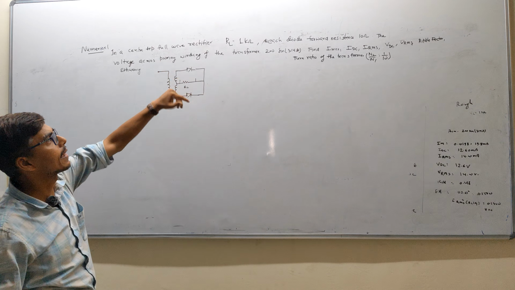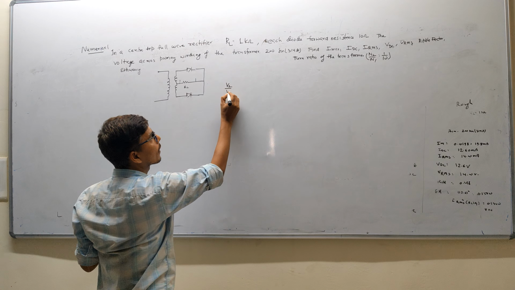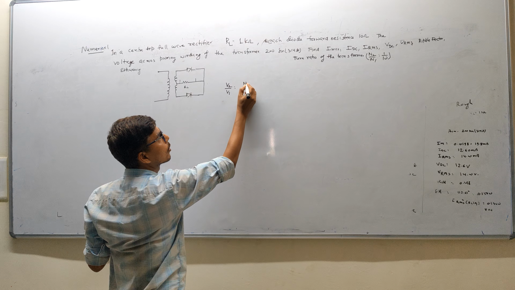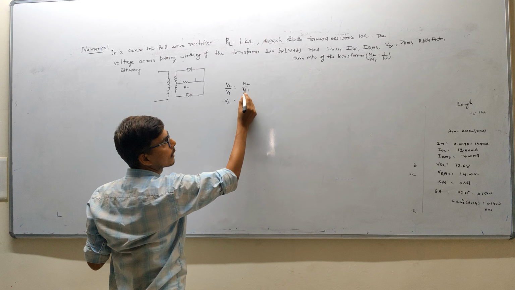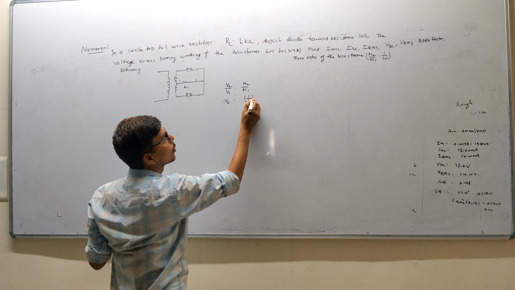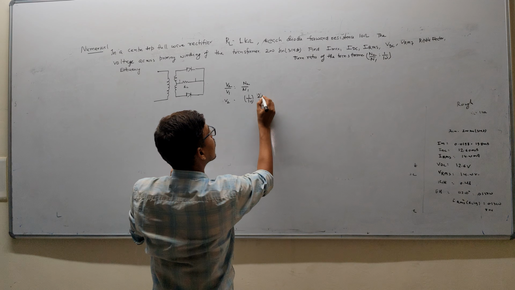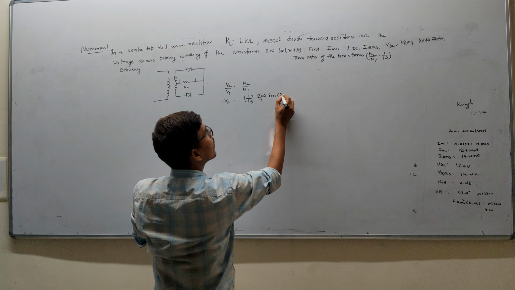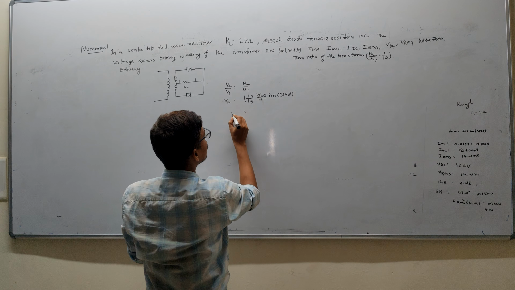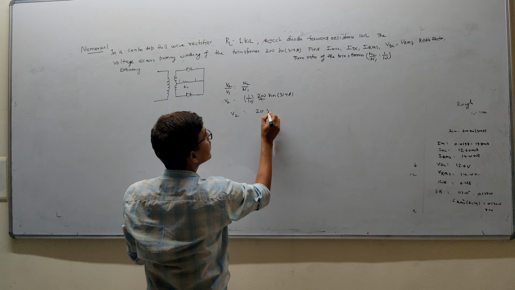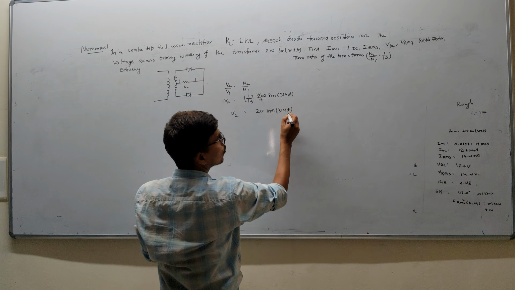Imax, IDC, IRMS. For a transformer, V2 by V1 is equal to N2 by N1. So V2 is equal to the turn ratio 1 by 10 into V1, which is 200 sin 314 t. So V2 will be 20 sin omega t, where omega is 2 pi f.